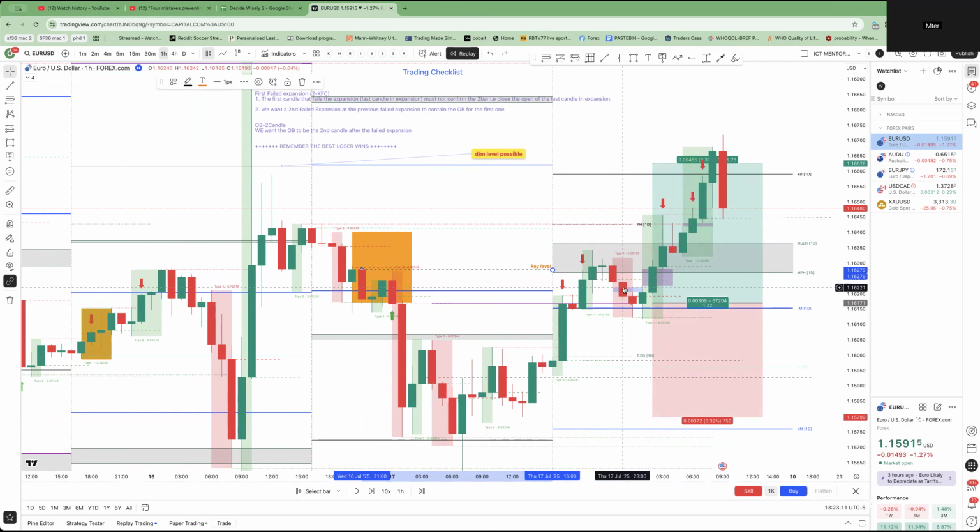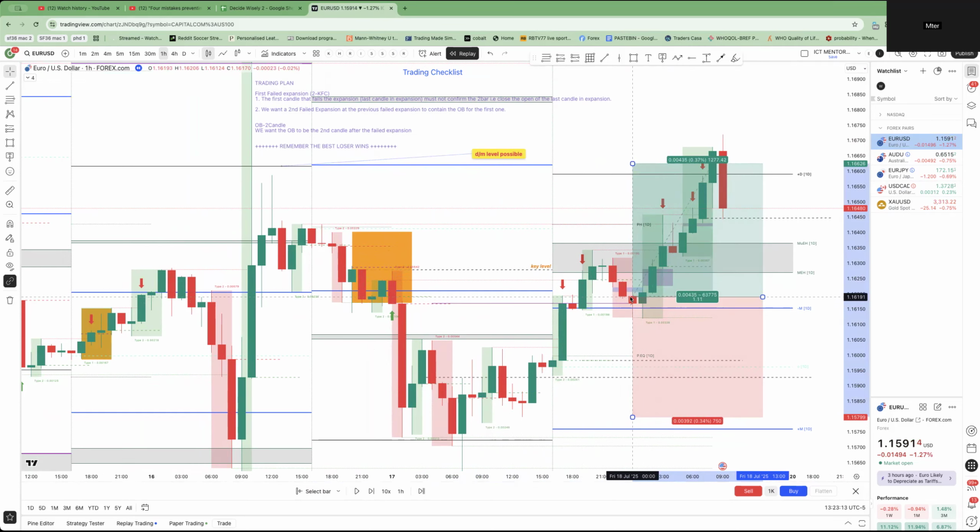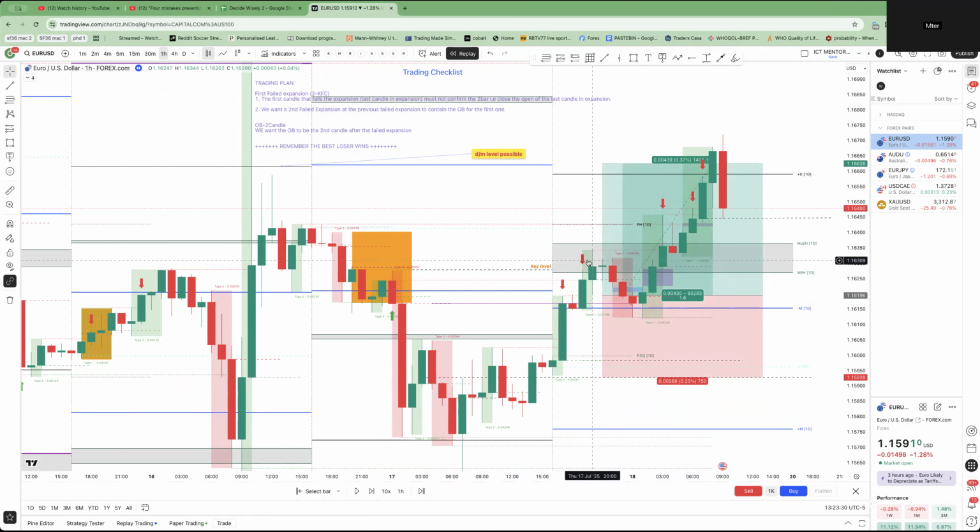I'll still use that. Oh, actually, I will use this. And actually my stop might change here now that I see it. Actually, my stop will change here.